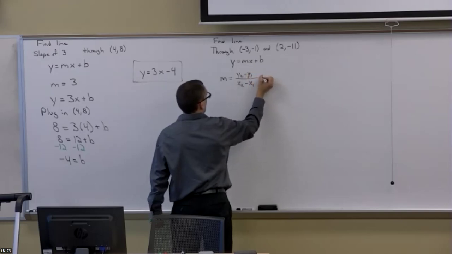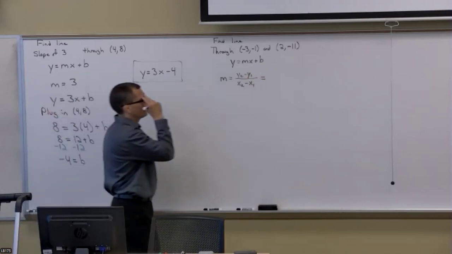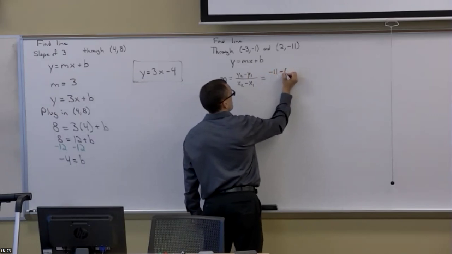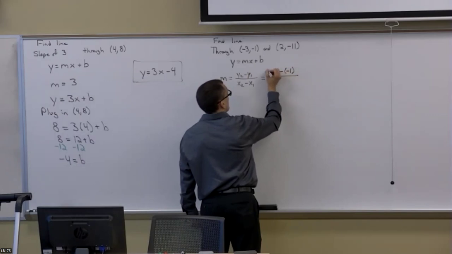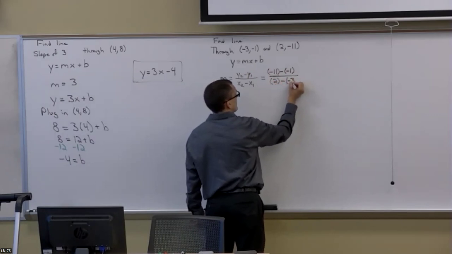I say slope can be found by the slope formula, which in this case is going to be -11 minus -1, divided by 2 minus -3.